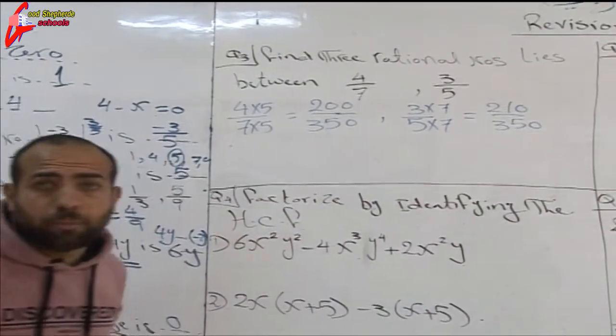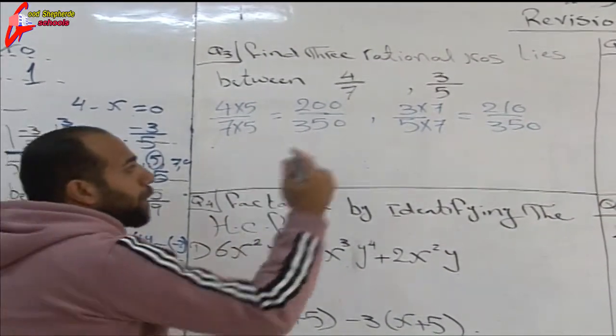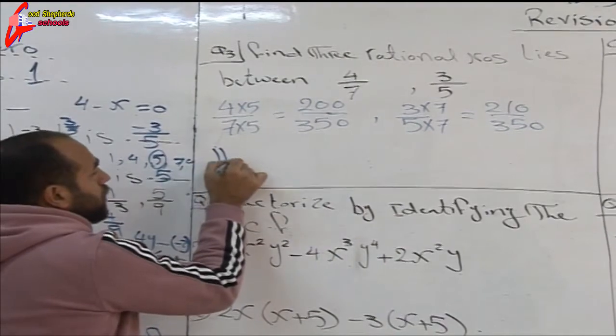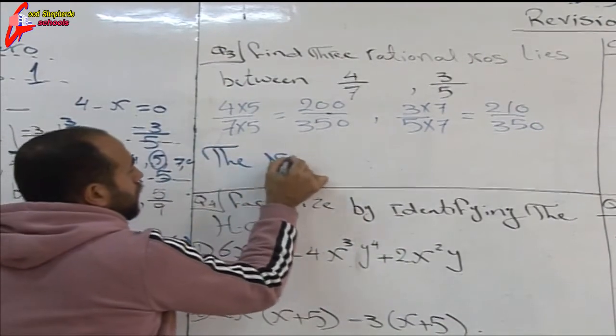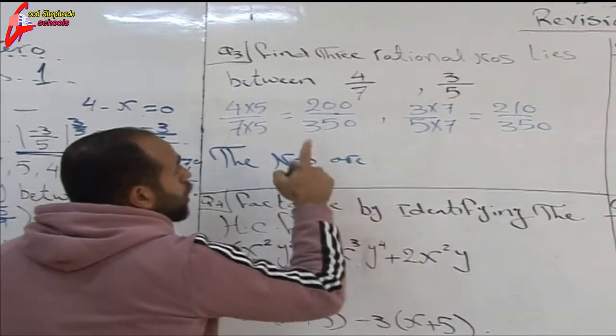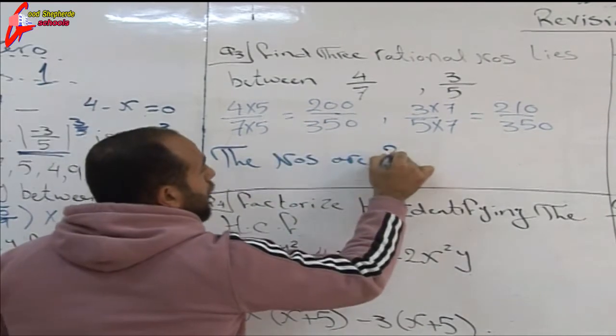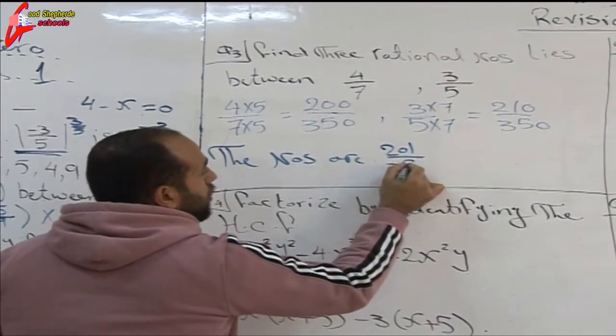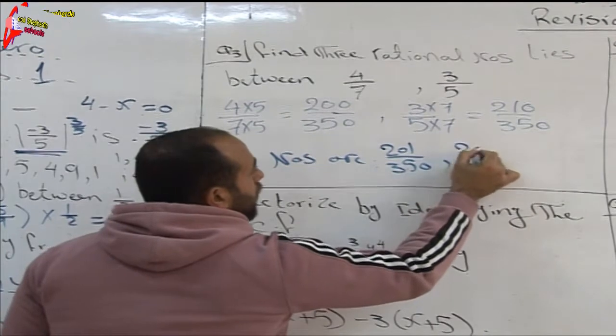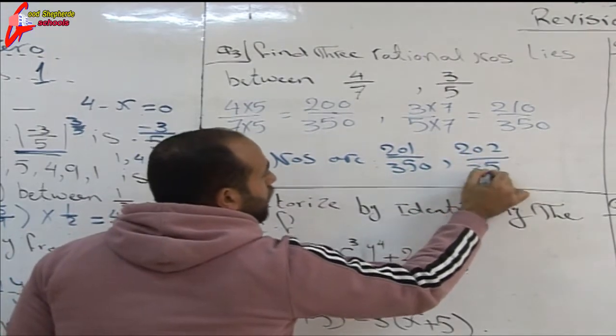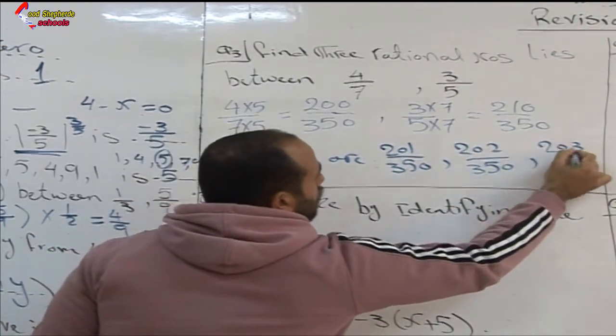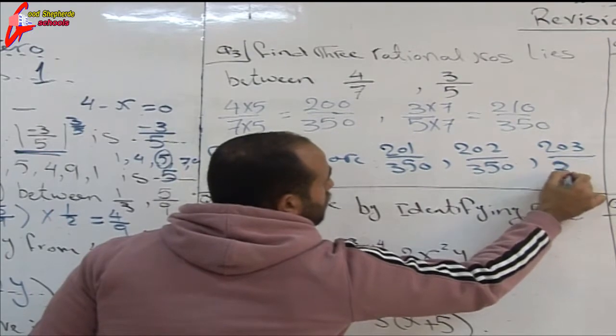So the rational numbers are 201 over 350, 202 over 350, 203 over 350.